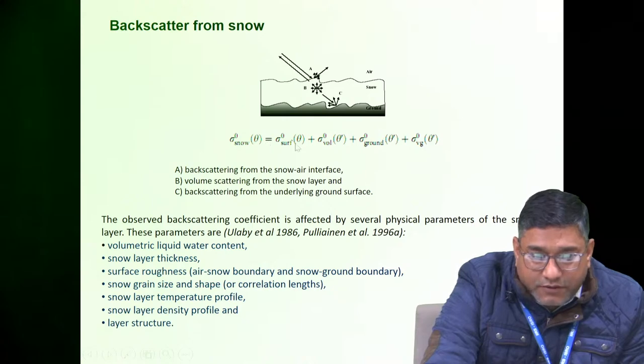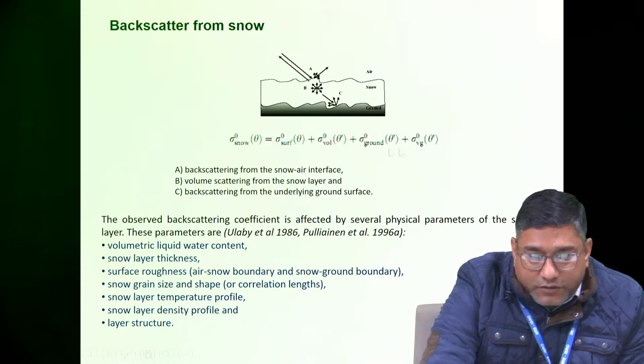It will be the sum of the backscatter from the snow surface, volumetric scattering, and the scattering from the ground. If it is a shallow snow pack, then we may get some backscatter back from the ground as well. And if there is vegetation present on the surface, then that will also reflect back, and we will have some backscatter back to the sensor.